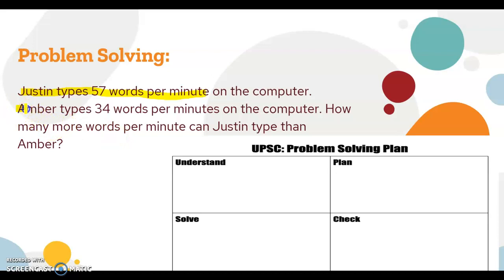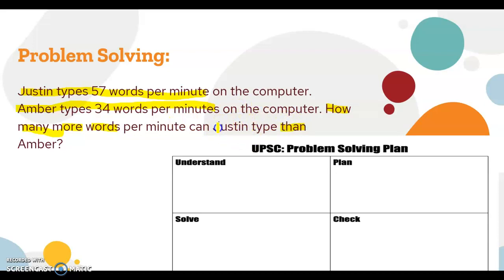And I also know that Amber types 34 words per minute. Okay, and my action words that tells me what I'm going to do or what I need to do is how many more words can Justin type than Amber.